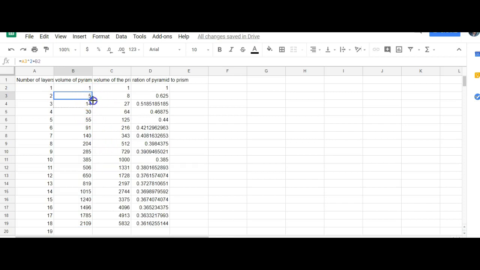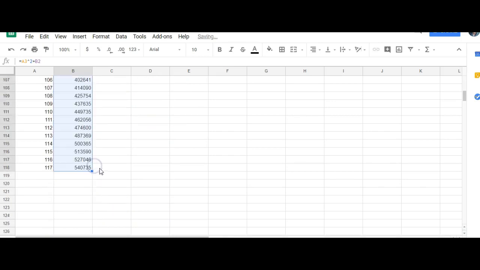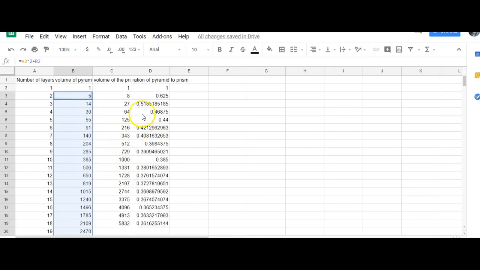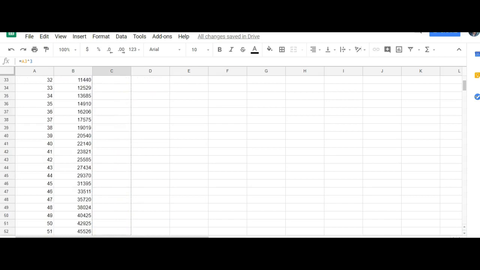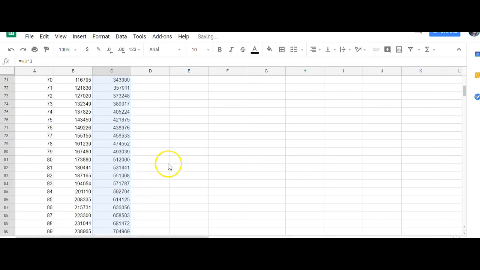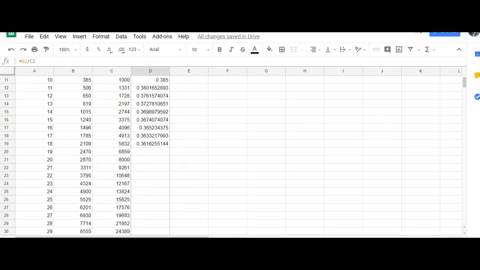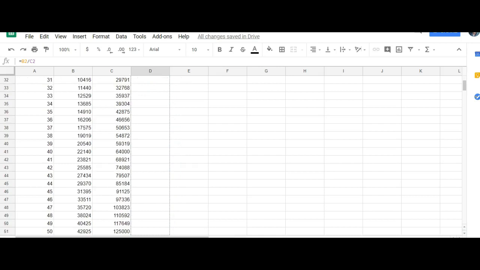I just take this formula down all the way 100 and whatever that is, 17 rows. Okay, and we'll take this formula all the way down. Okay, and then we'll take this formula all the way down.